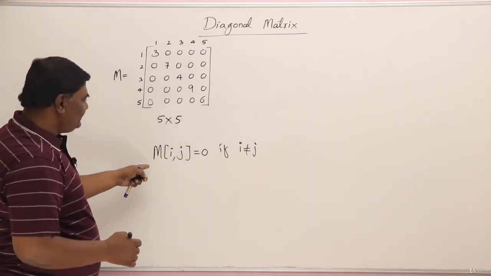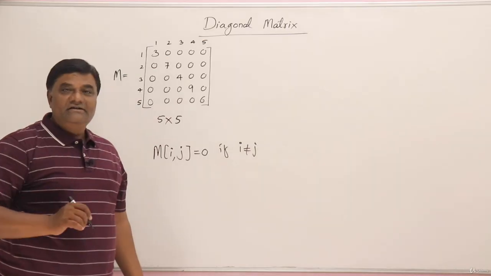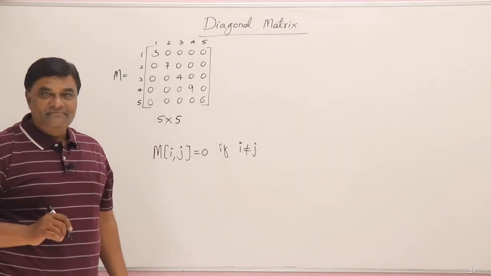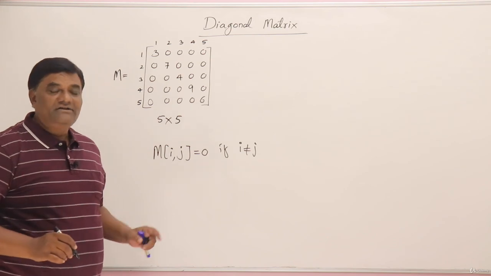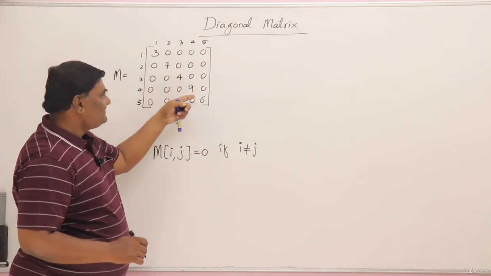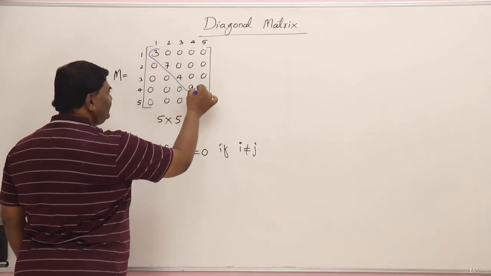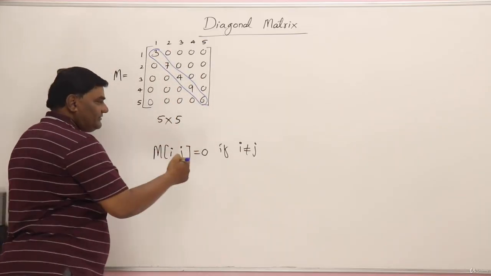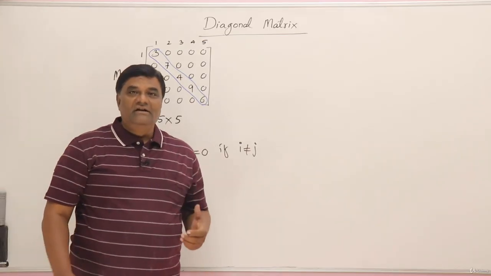M of i j should be 0 if i is not equal to j, then it is a diagonal matrix. If they are equal, then the elements may be 0 or non-zero. We don't bother about that. We bother about the rest of the elements. All these elements must be 0 and these elements are 0. So these elements are non-zero elements, the rest of the elements are zeros. So I have given a definition of a diagonal matrix.